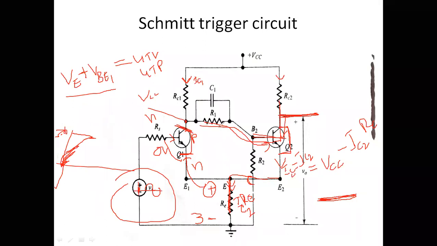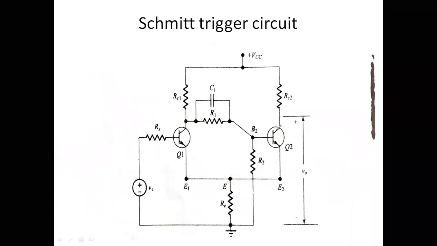Therefore it won't drive sufficient base current for Q2, and Q2 goes off. Due to Q1 we get a current here, and due to that current we get a VE voltage drop across this resistance, and here a VBE1 voltage.